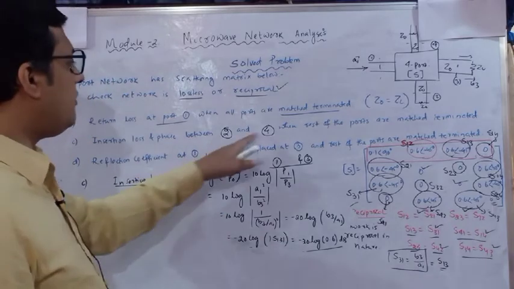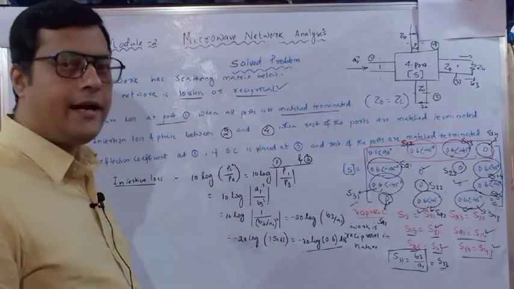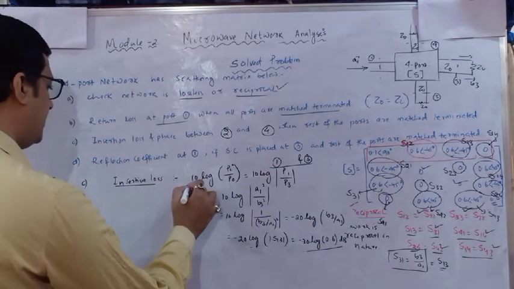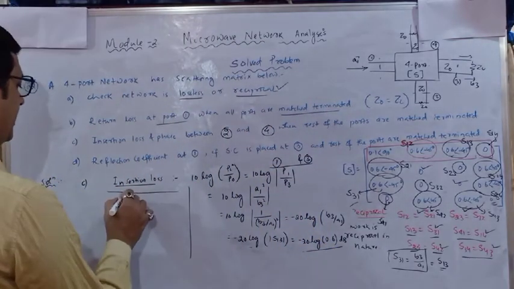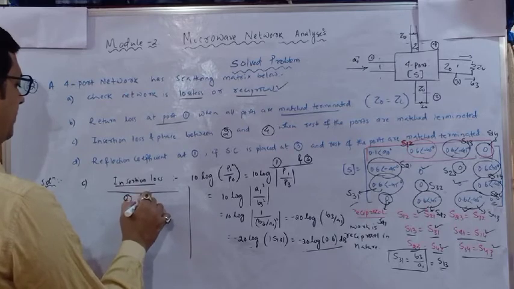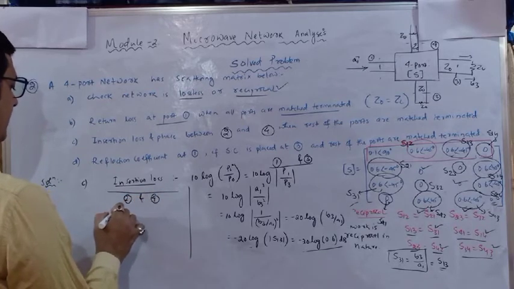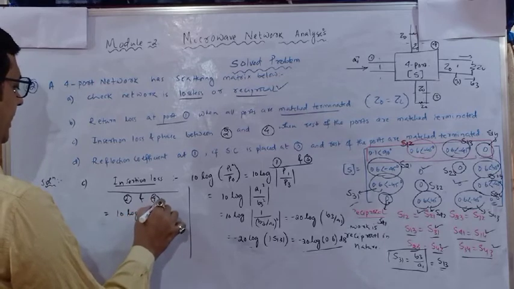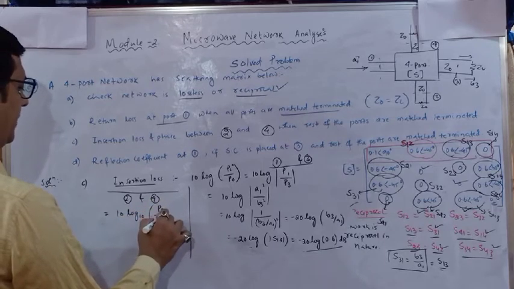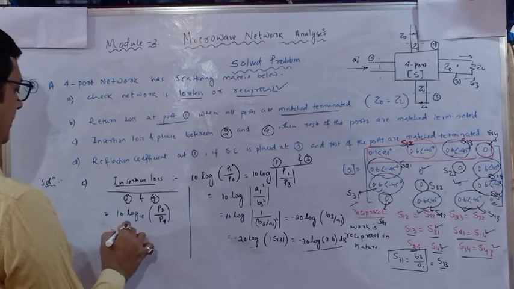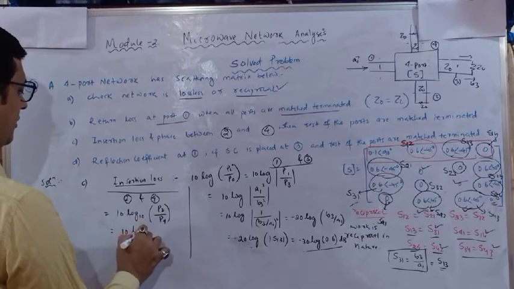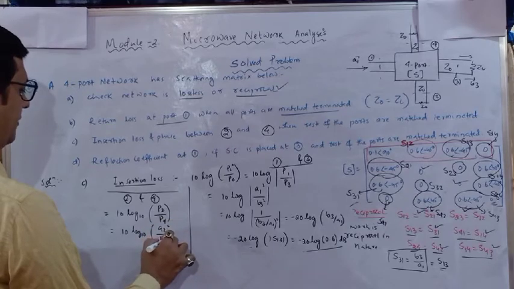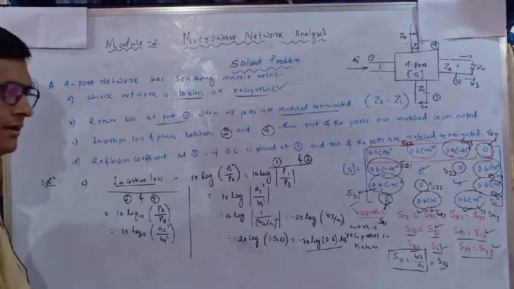Similarly, we can also find it for 2 and 4. But what will be the difference? Let me write here: the insertion loss between 2 and 4. So here my equation will become 10 log base 10 P2 by P4, so it is 10 log base 10 A2 square divided by B4 square.